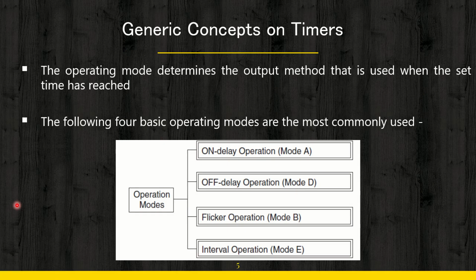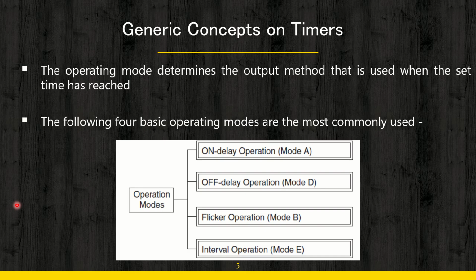So now let us see what are the different operation modes that are available with timers. You see there are basically 4 different operational modes that a timer can offer.